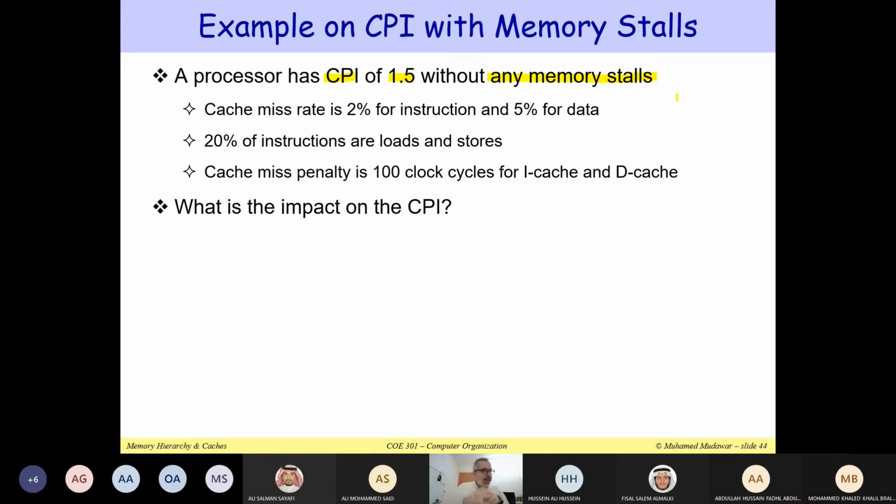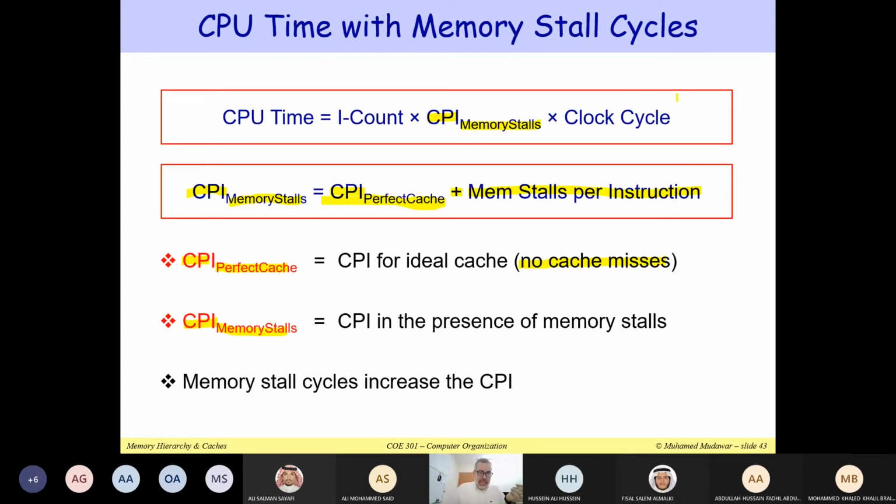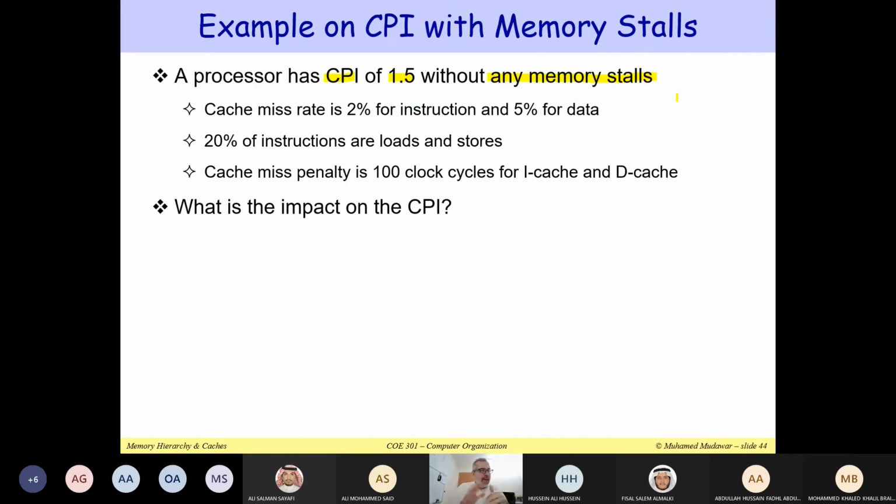We looked at the CPI, assuming that the caches were perfect. So this is 1.5, my base CPI, which was shown in the previous slide. That's the CPI of a perfect cache. So when I say without any memory stall cycles, it means that assuming a perfect cache, that's the CPI.